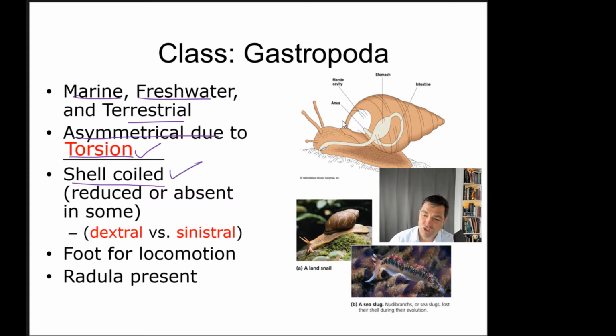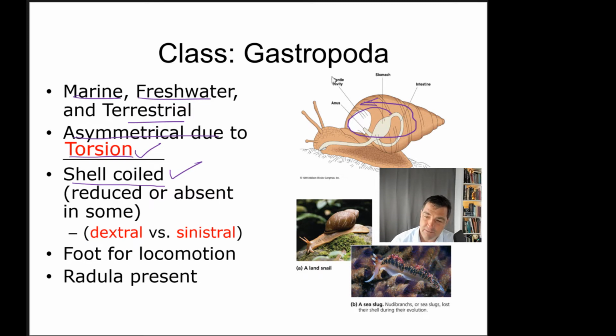What happens in torsion is if you had, say, your hypothetical ancestral mollusk, in torsion, the body is twisted like that. It's turned from the top. If you were to grab the snail, say by the top, and twist it, you would get a turn like that.